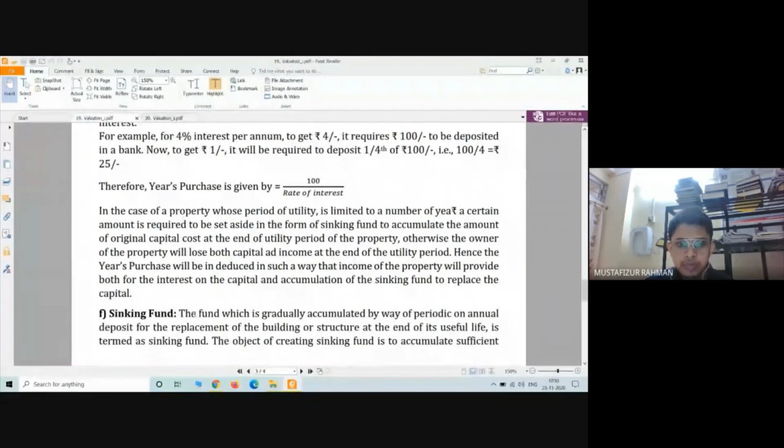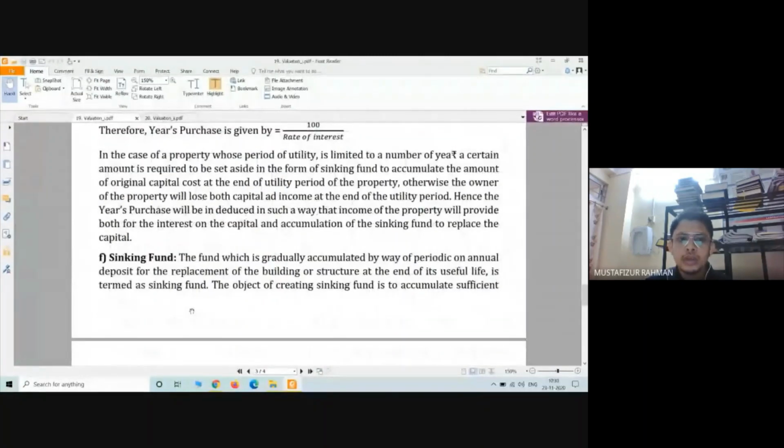Then comes sinking fund. Now, what is sinking fund? This is like annuity, a special case of annuity. From the gross income that we have, we keep a certain amount of money every year, so that at the end of the life of the structure, the money will accumulate and become the original cost.